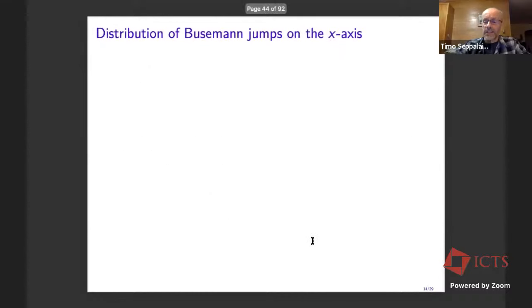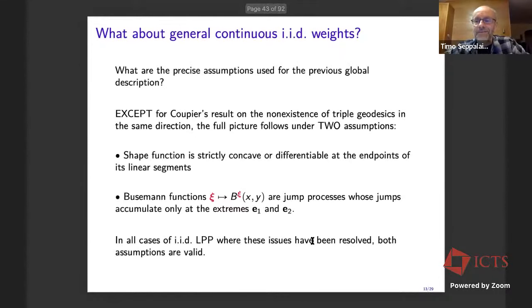Timo? Yes. What is the significance of the accumulation at the extremes? Significance. I'm not sure what you mean by significance. Meaning, geometrically, does it say something about the behavior of geodesics? Well, yeah, I guess you can imagine again, take two points horizontally separated and think of their geodesics into directions that are converging to E2.